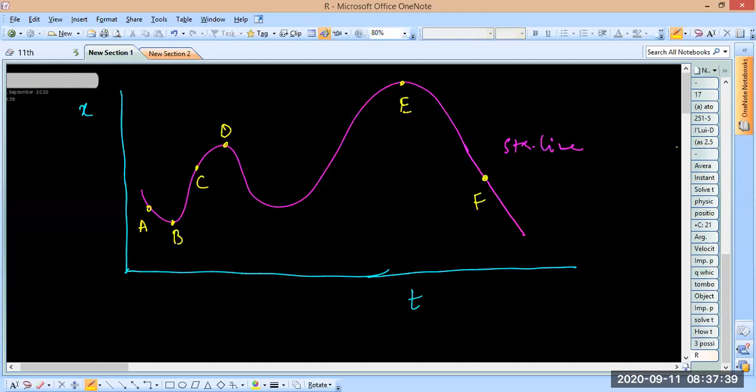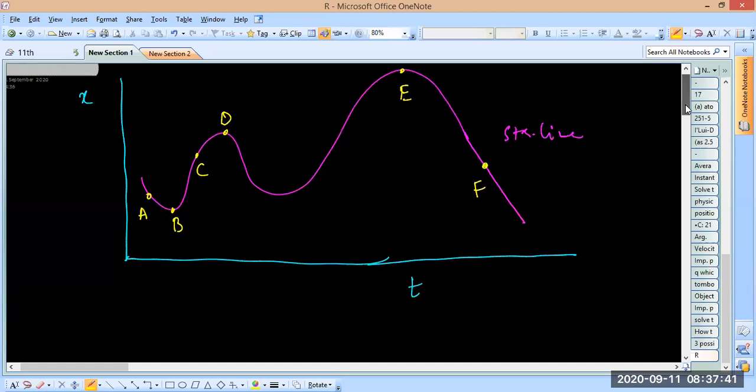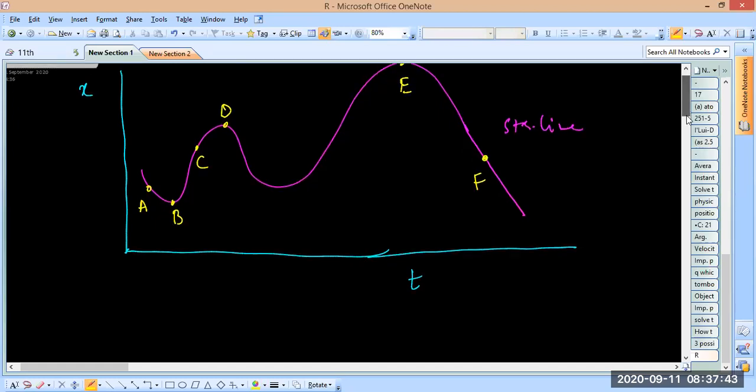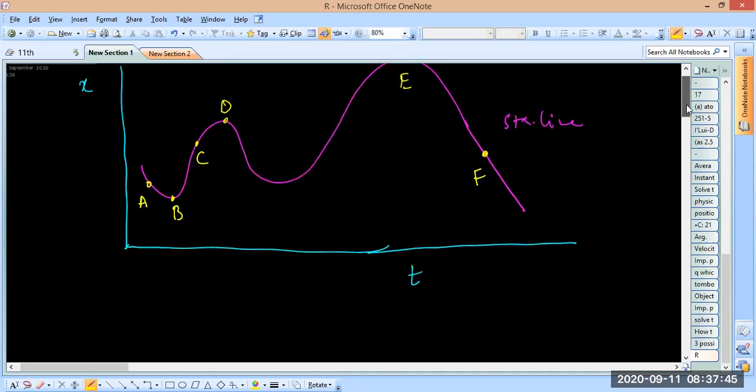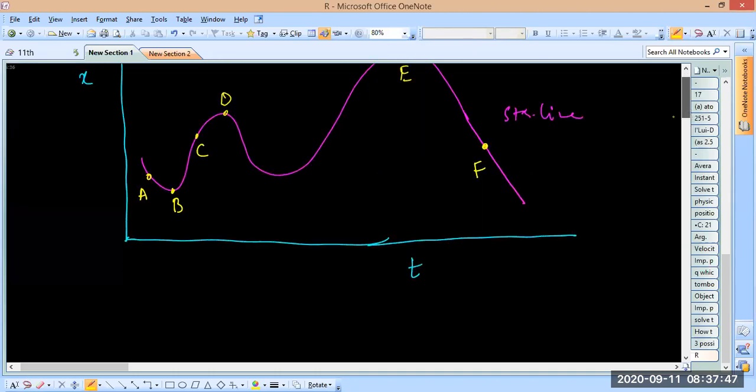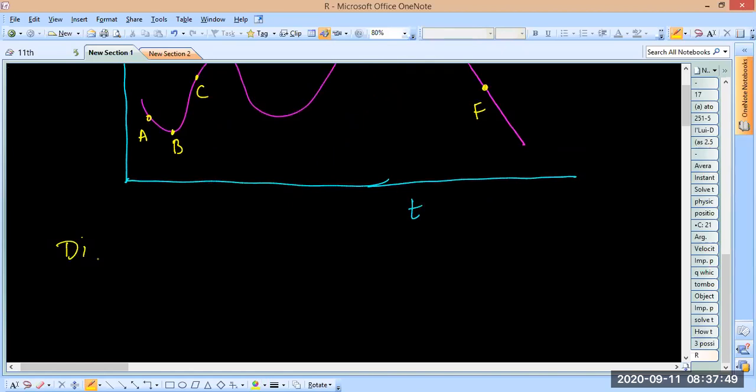So we have 6 points over here, right? What we have to do is decide upon the direction. So this is all about deciding direction, direction means sign, again don't forget that, sign of velocity and acceleration.